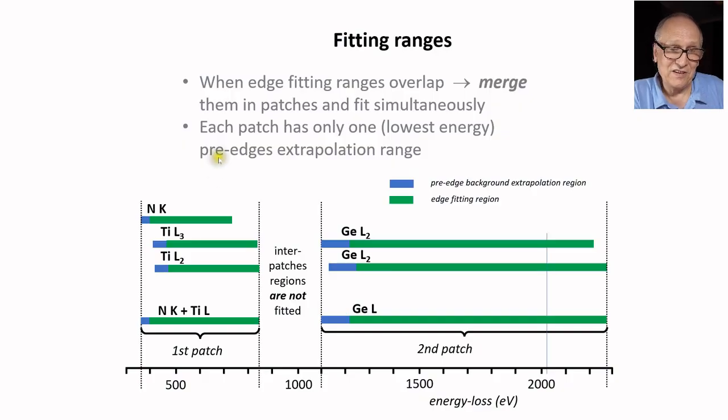But in contrast to the signal ranges, when we join several edges in a patch, we leave only the pre-edge region with the smallest energy. The reason why we do that will be clear a little later from the next slides. Okay, good. I think the first point is more or less clear. To my mind, that's evident.